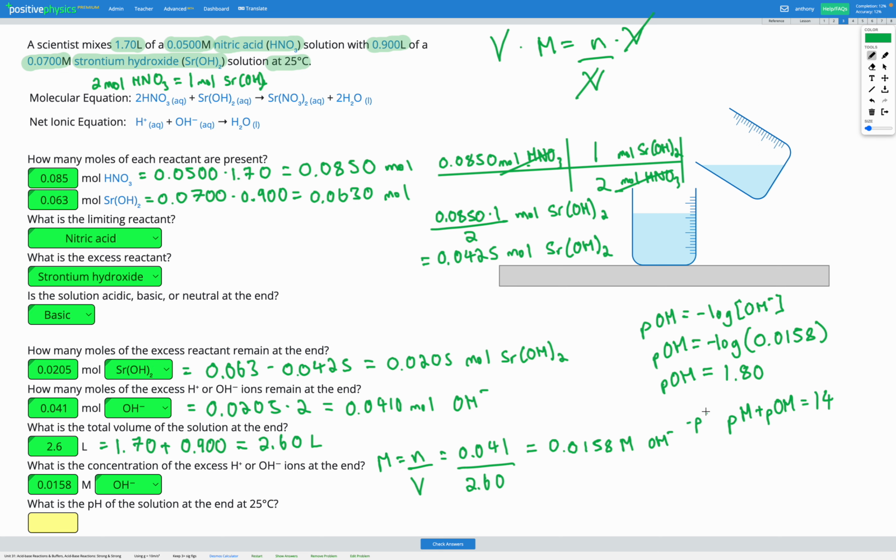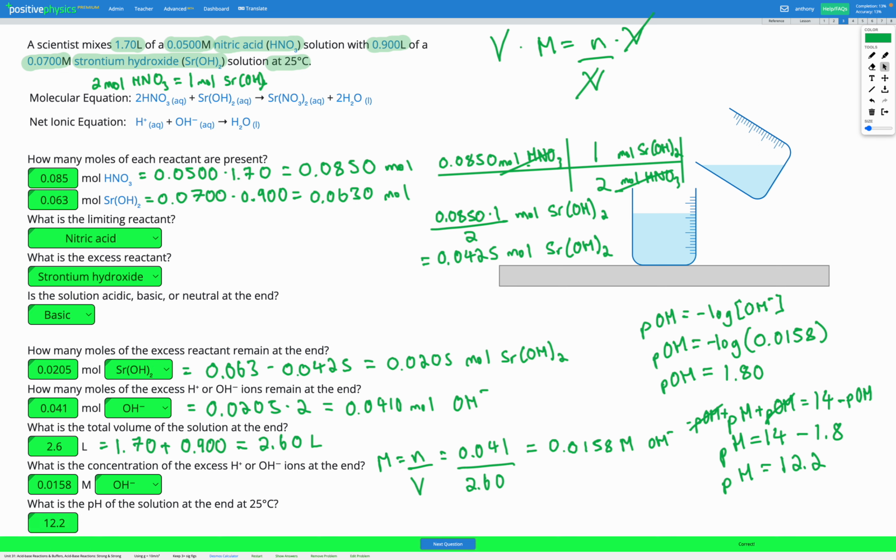So I'm going to subtract pOH from both sides. The pOHs on the left are going to cancel, leaving me with pH is equal to 14 minus pOH. So that gives me pH is equal to 14 minus 1.8. That gets me a pH of 12.2. So let's go ahead and fill that in now. Awesome.